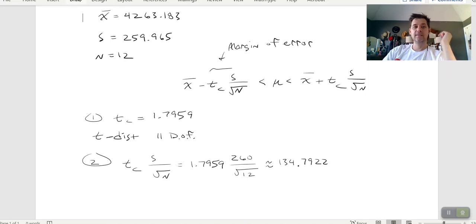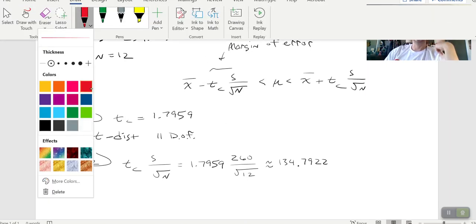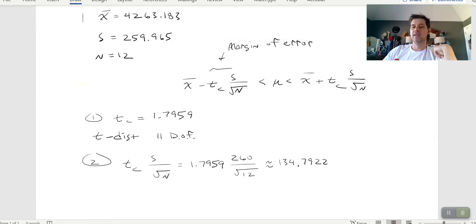Now from this, I can get that confidence interval, okay? Because what I'm supposed to do is take the sample mean, which was 4263.2, and I'm going to add and subtract this number to it.